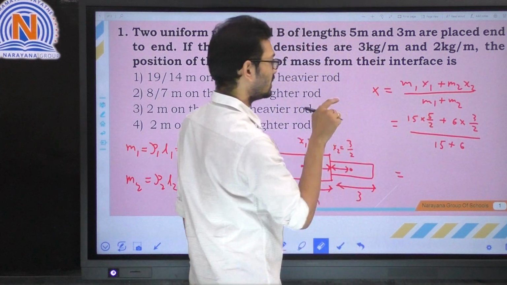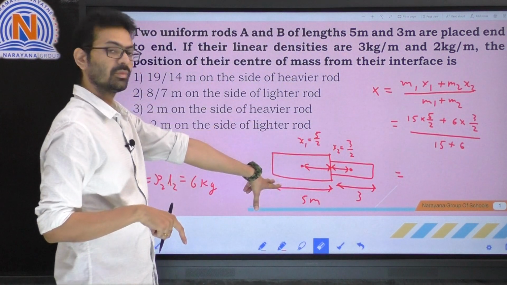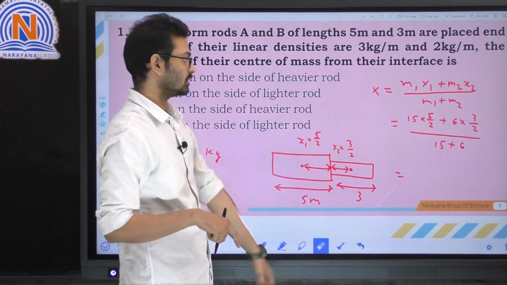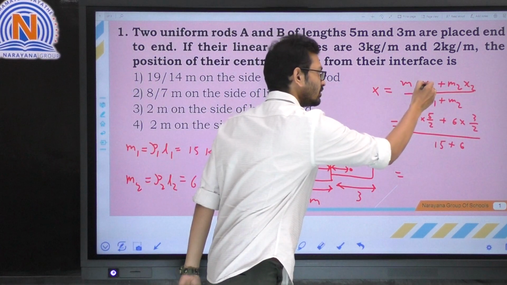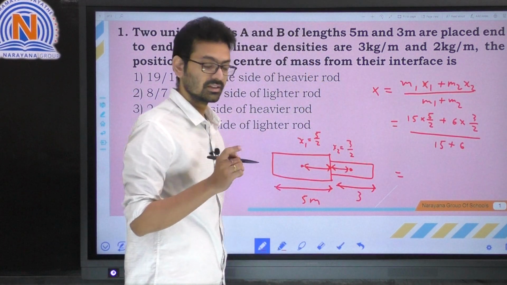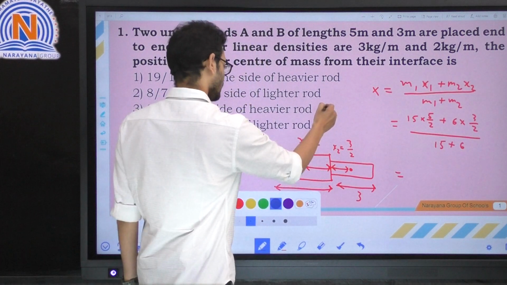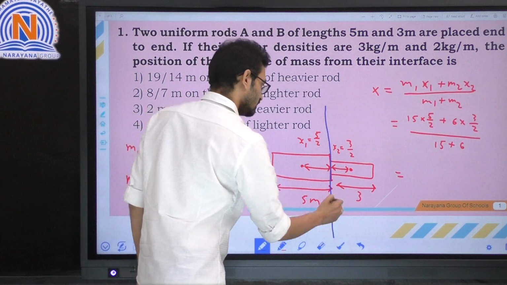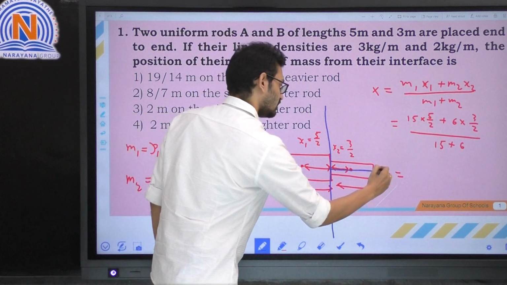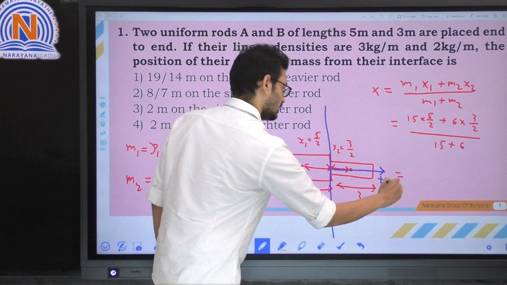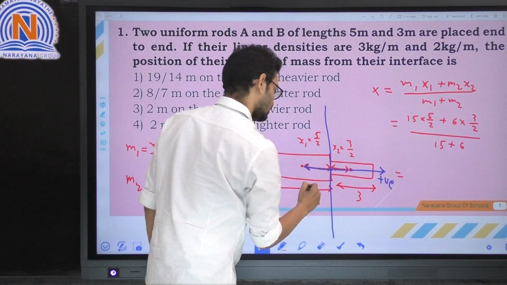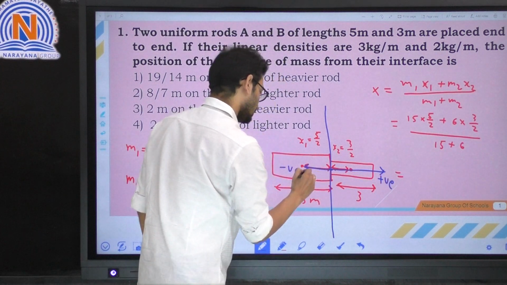And one more thing, here x1 I'm going to take as minus x, because if you observe this, when you are drawing it in this form, this is positive x and this is negative x, right?